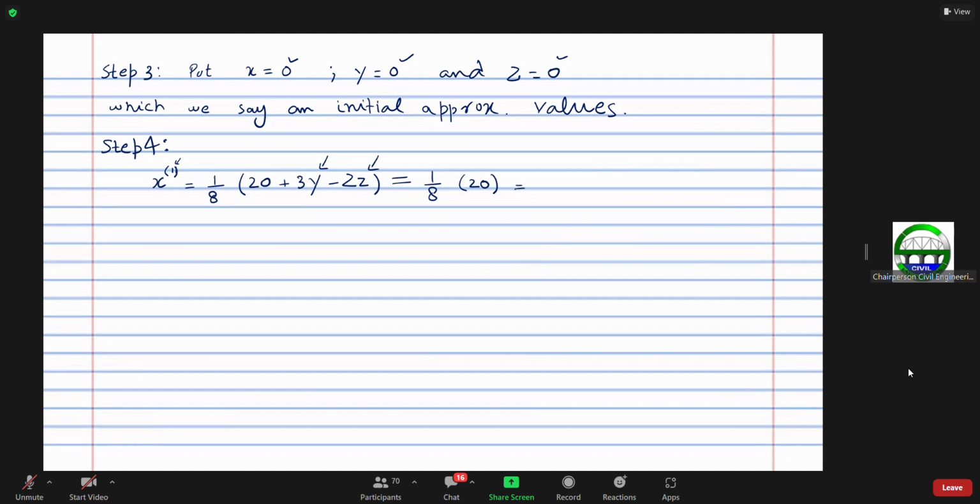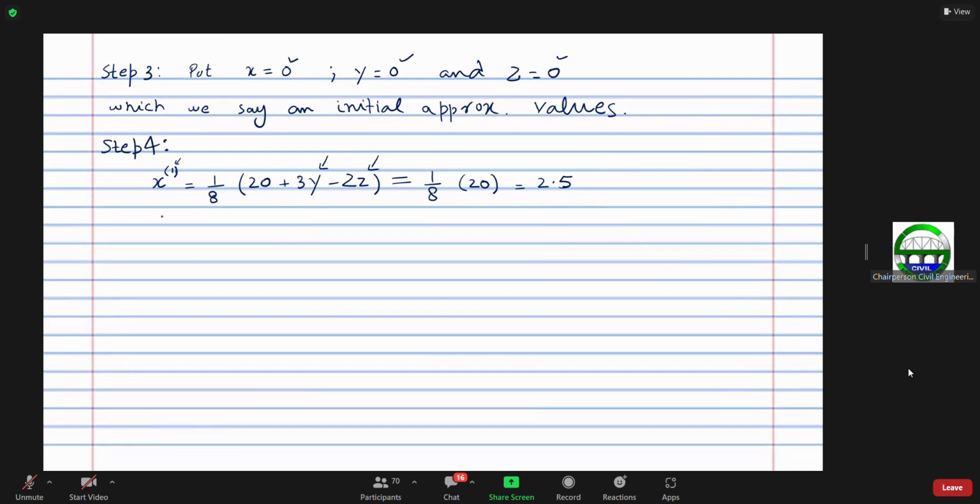So my answer will be equal to 2.5. Okay, we agree on it. Is it correct? You guys can use the calculator and check, okay? Let me know if there is any error. Okay, so we already have x.